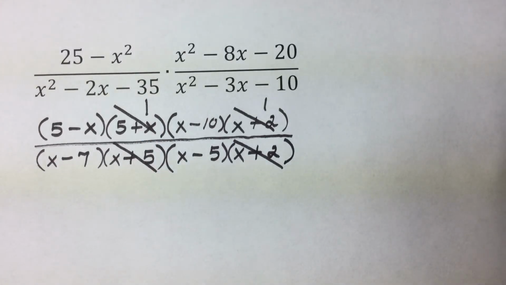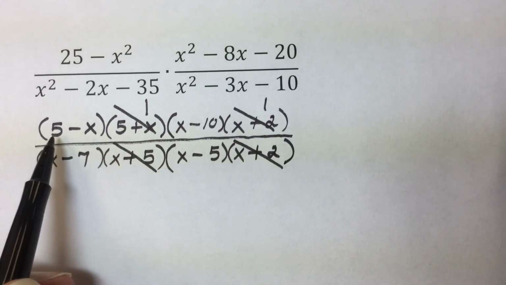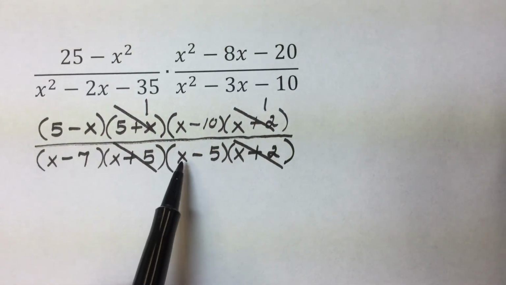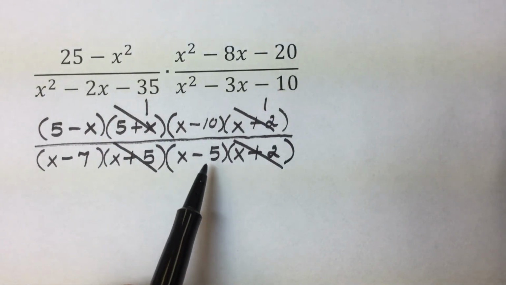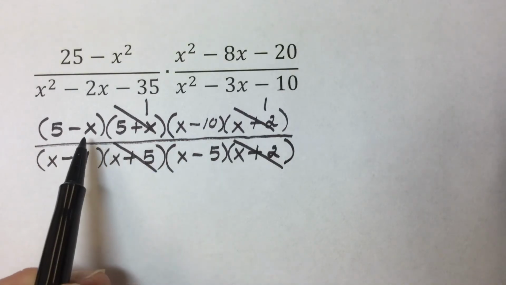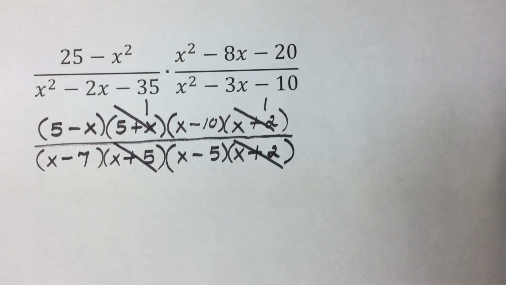And then looking a little closer, these two binomials, 5 minus x and x minus 5, are opposites. The 5 is positive in the numerator but negative in the denominator, and likewise we have opposites of this x term, negative in the numerator, positive in the denominator.